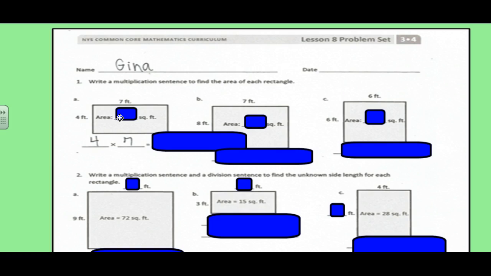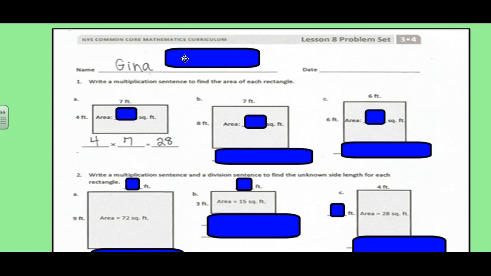Push play whenever you're ready to check your answer. Okay, so I know that 4 times 7 is 28, so that tells me that the area of this rectangle is 28 square feet since we are working with feet, and if this rectangle was filled, it would be filled with 28 squares.